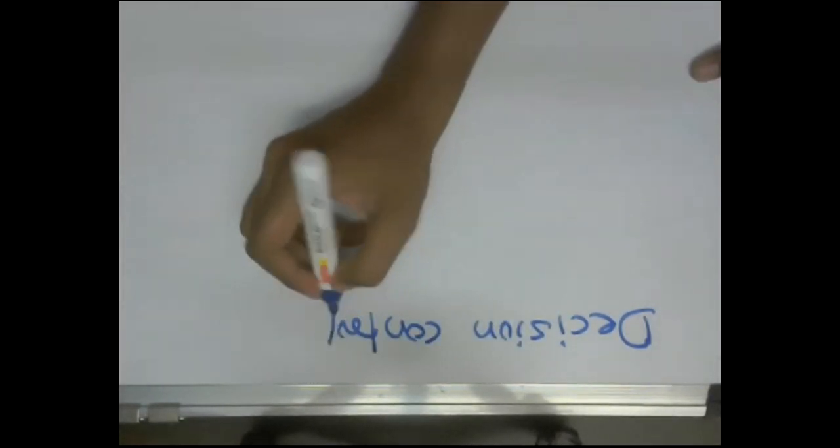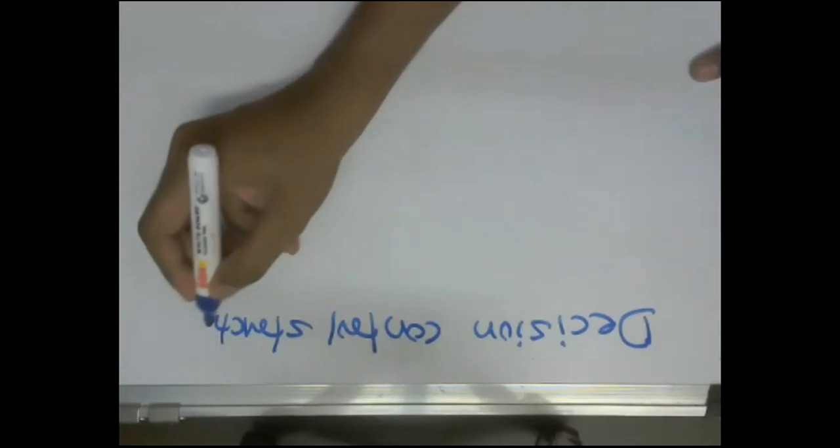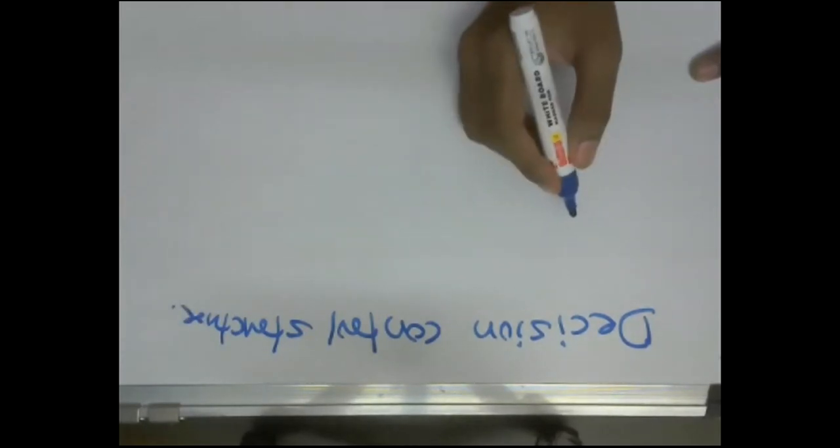Okay, so let me share this screen with you. If I'm talking about the decision control structure... Is it a reverse one? Is it a mirror? This is reversed, sir.